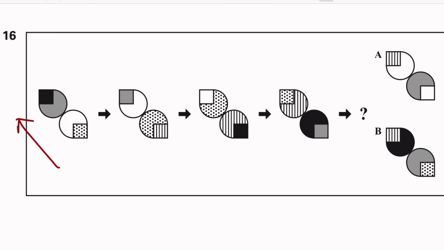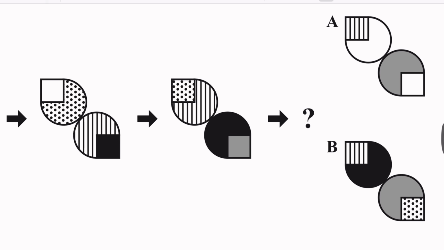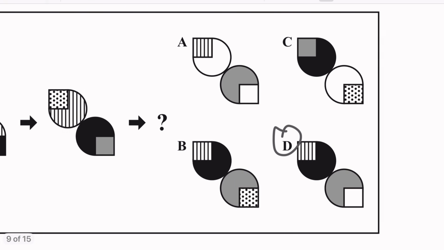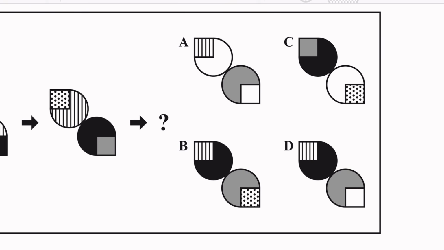So that means when we look over here, this dotted pattern should not show up in the next part, okay? So if any one of these has a dotted section, okay? C has a dotted section and B has a dotted section. So C and B are both wrong, okay?